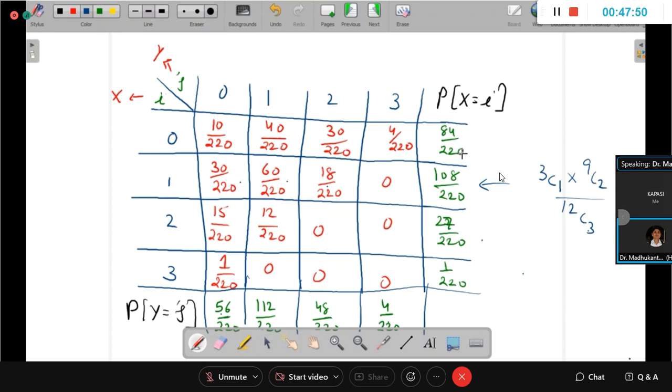And also you can verify now if you sum up all these 4 values, probability x equals to 0, x equals to 1, x equals to 2, x equals to 3, that will lead to 1. Similarly, if you sum up all these 4 values, that is also going to be 1. So they are also identities.